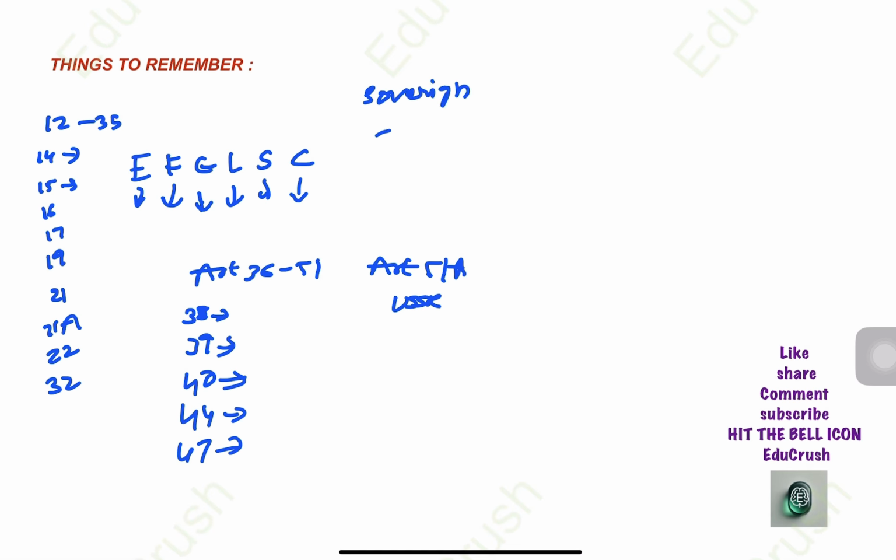Next, socialist, economic justice. Secular, equal respect to all religions. Next, republic, elected head, that is president. The 42nd amendment added socialist, secular and integrity.